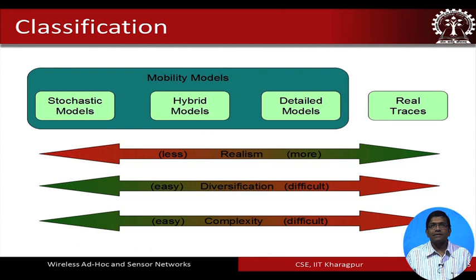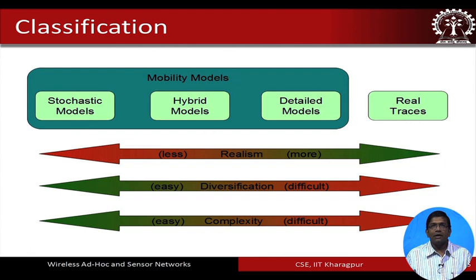Obviously, real traces are even more difficult to diversify than a detailed mobility model. In terms of complexity, it is the least in the stochastic models, whereas it is the most in the case of the detailed models, or even more in the case of real traces.